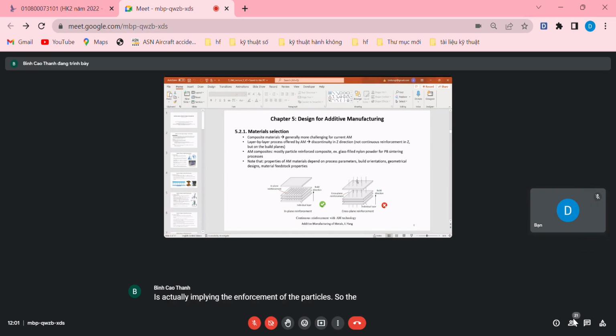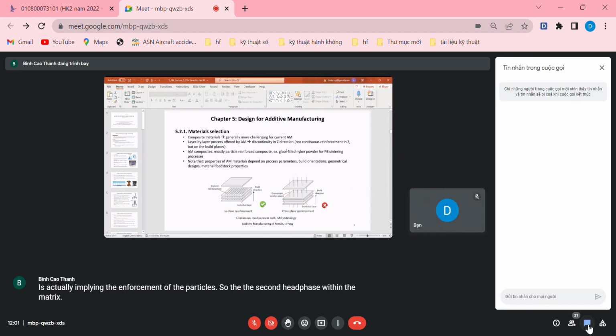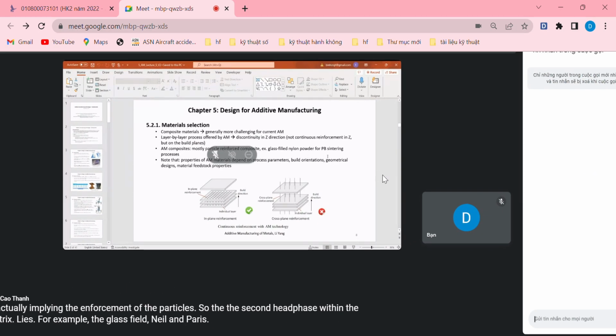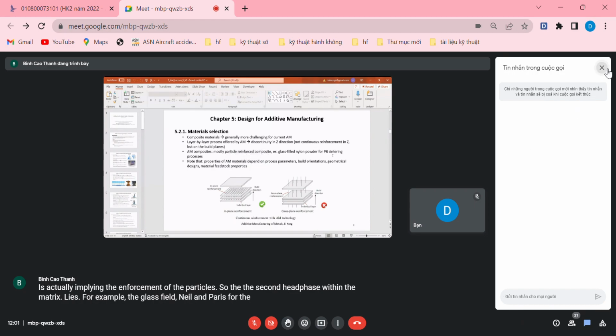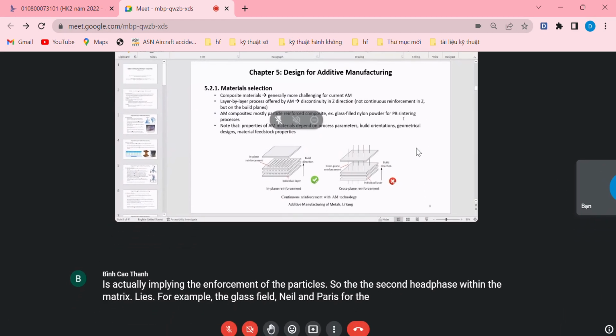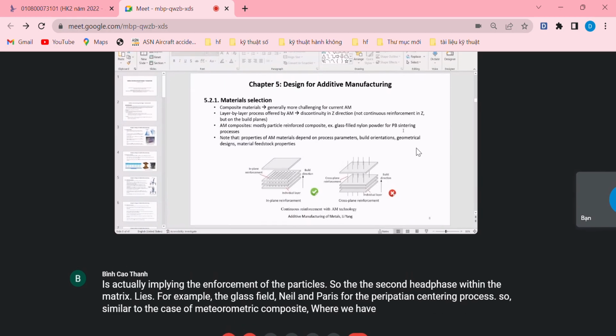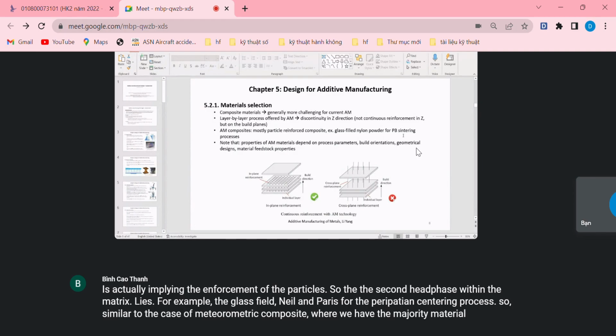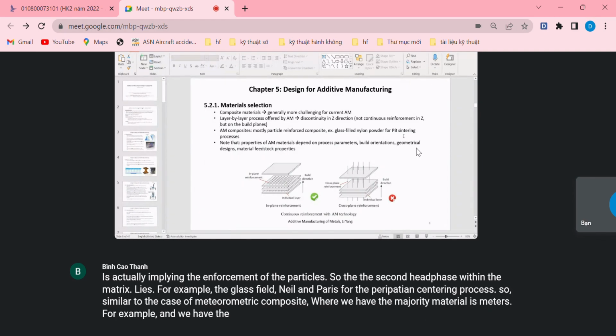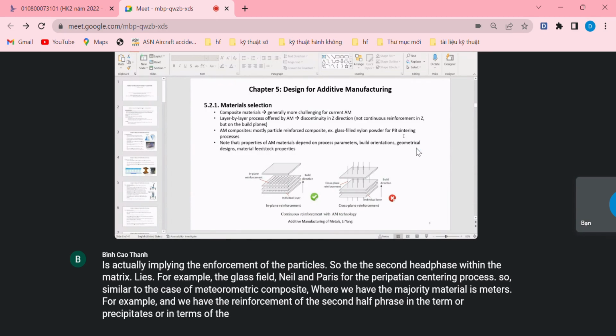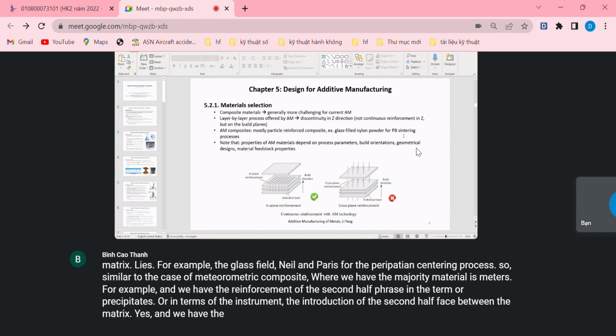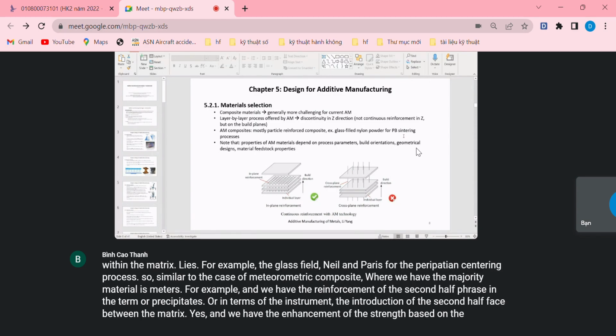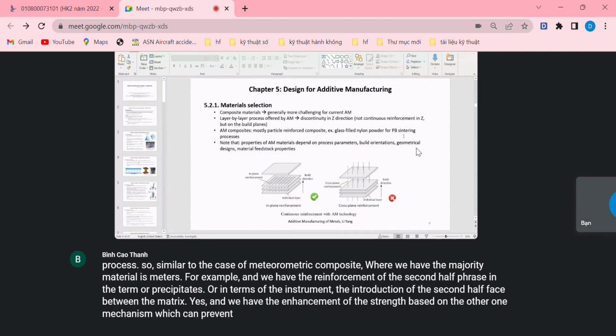So the second phase within the matrix lies, for example, the glass-filled nylon powders or the powder sintering, where we have the majority material is metals, for example, and we have the reinforcement of the second phase in terms of precipitates or in terms of the introduction of the second phase within the matrix. Yes, and we have the enhancement of the strength based on the Orowan mechanism, which can prevent the movement of dislocation under the presence of the second phase.